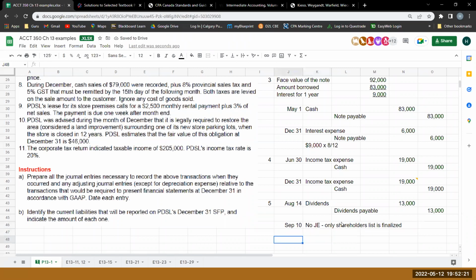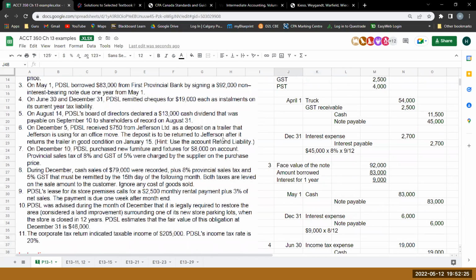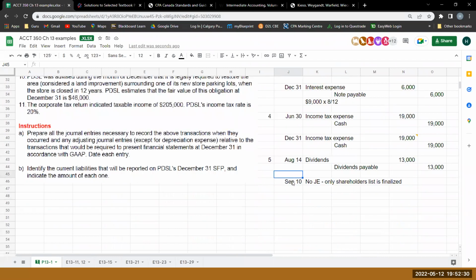No journal entry as such. And then when the dividend is actually paid, the date of payment, September 10th, they're going to debit dividends payable and credit cash for the $13,000.